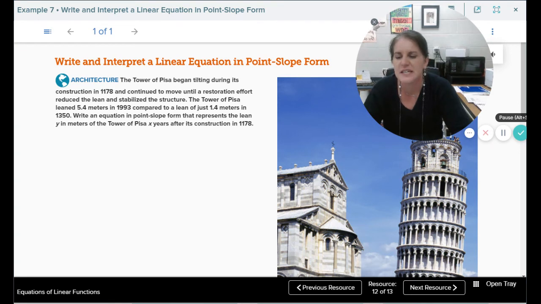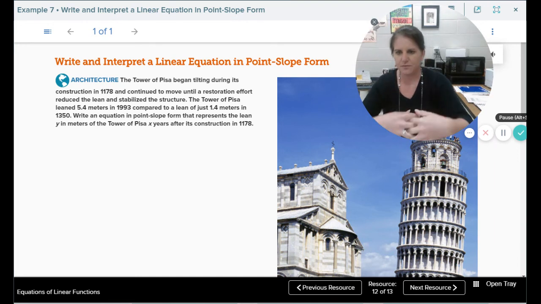The Tower of Pisa leaned 5.4 meters in 1993 compared to a lean of just 1.4 meters in 1350. Write an equation in point-slope form that represents the lean y in meters of the Tower of Pisa x years after the construction in 1178.